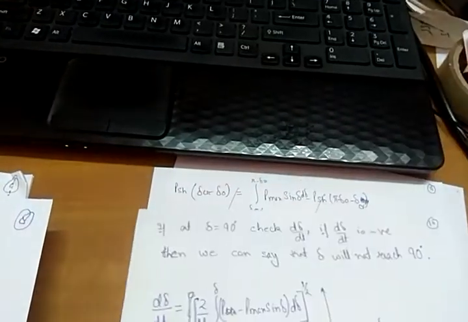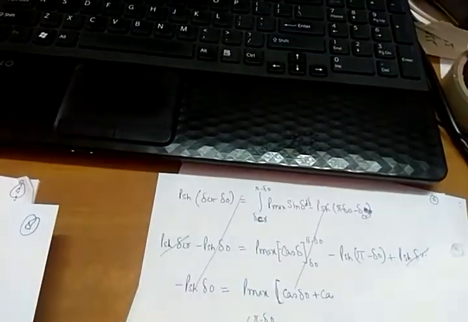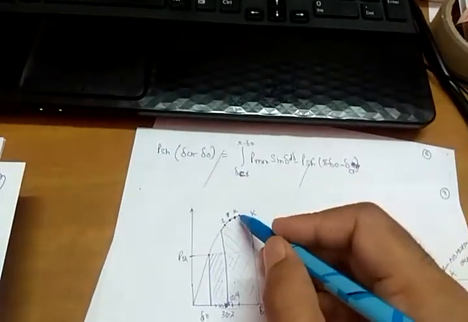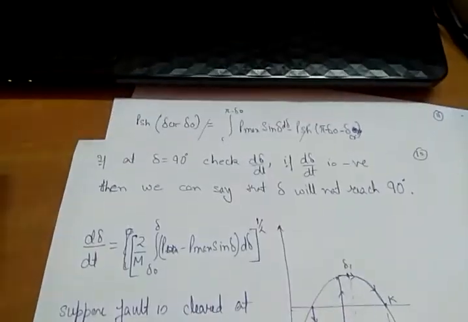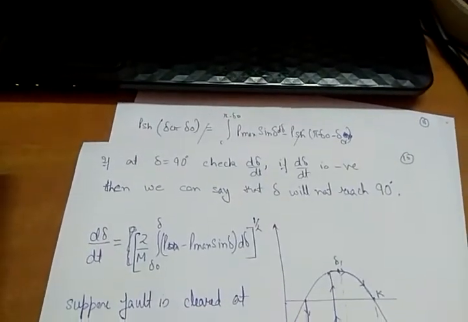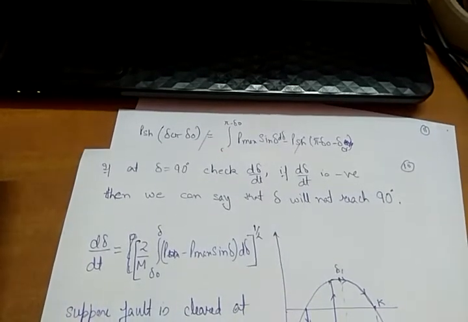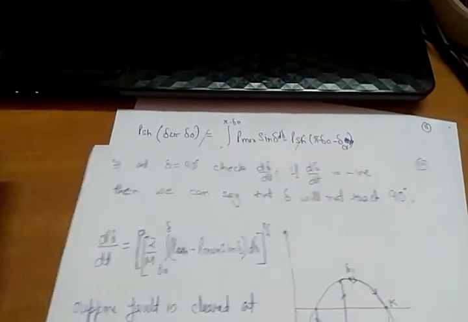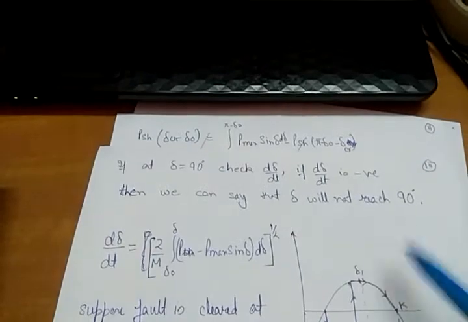Okay, come to the next point. If at 90 degrees, check d delta upon dt again. If d delta upon dt at 90 degrees is negative, then we say that delta will not reach 90 degrees.